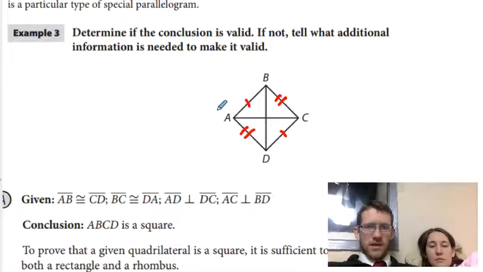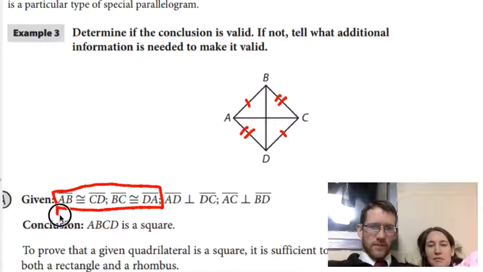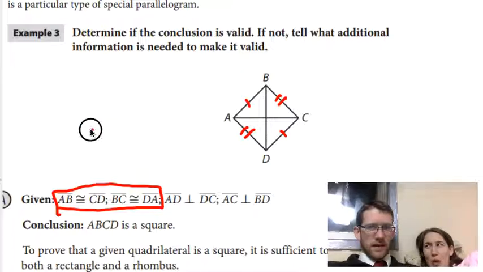Okay, so what shape is this? Rectangle? Nope, we don't know it's a 90-degree angle. Rhombus? If opposite sides are congruent, then it is a quadrilateral.